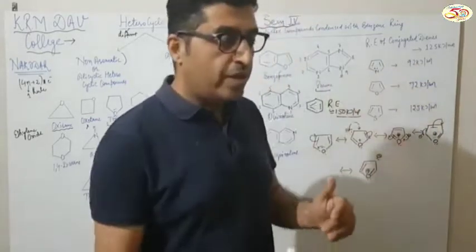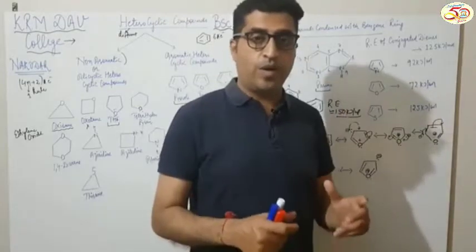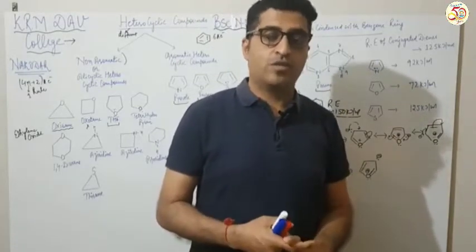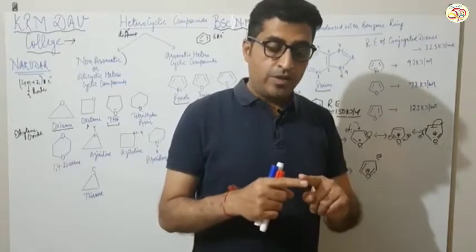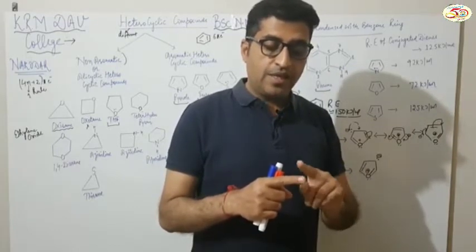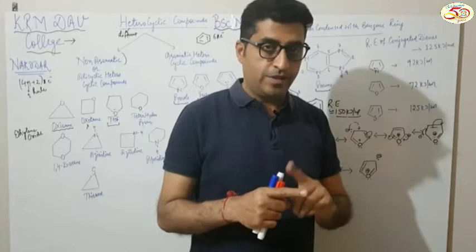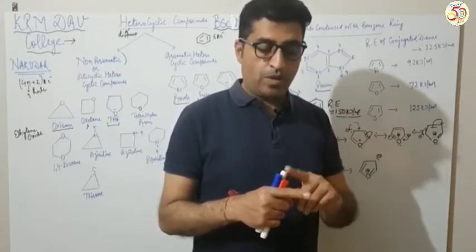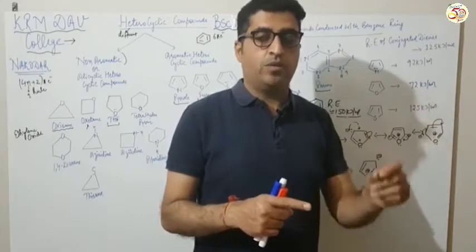Okay students, if we compare the resonating structures, in pyrrole we have nitrogen, and in furan we have oxygen. Now nitrogen, being less electronegative than oxygen, is more capable of donating lone pairs.